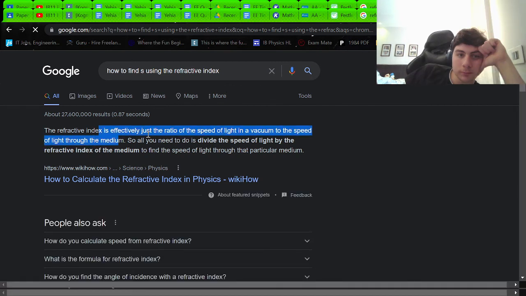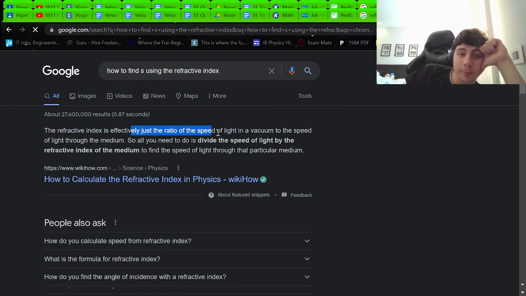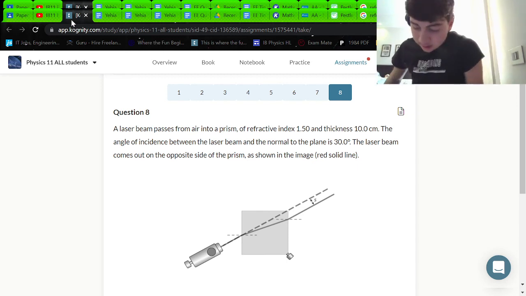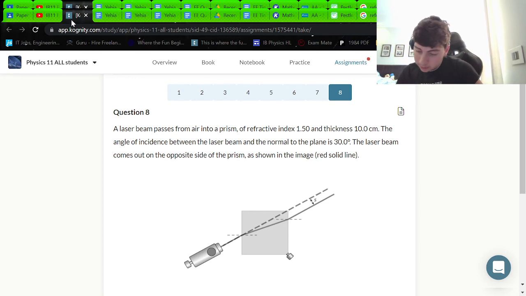Refractive index is only just the ratio of the speed of light in the vacuum to the speed of light in the medium. What you need to do is divide the speed of light by the refractive index of the medium to find the speed of light through the particular medium. But that doesn't give you the answer. If n is c over v, then 1 is c over 3 times 10 to the 8.